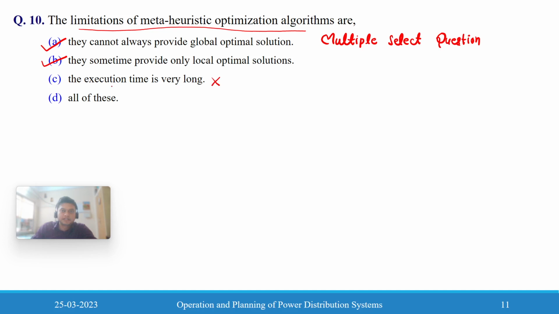The execution time is not long, it is fast in these meta-heuristic optimization algorithms. So C is the incorrect choice. So A and B are the correct options for this question number 10.